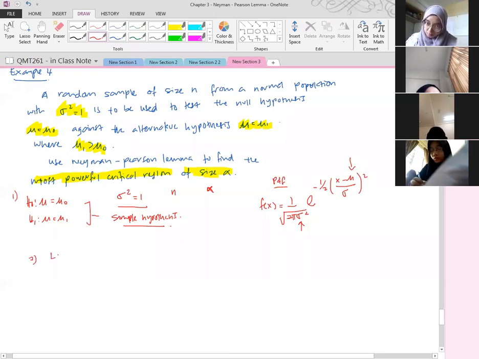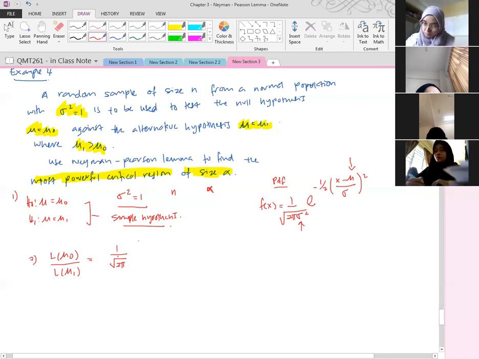Step number 2, we need to find the likelihood for mu naught divided by likelihood for mu1. So the likelihood for mu naught is 1 over square root of 2 pi, and since variance equals 1, we don't need to mention variance.